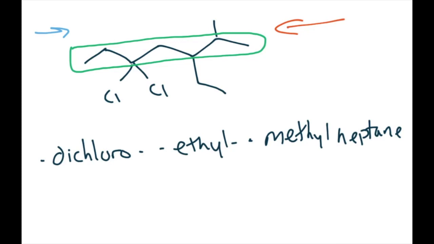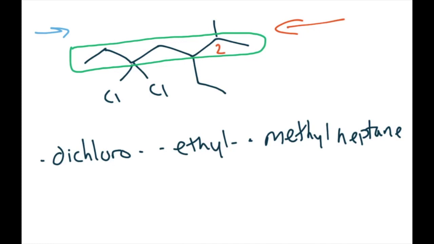Do I want to number blue or orange? Remember, the chlorines, because they're listed on the left-hand side of the parent hydrocarbon, are not special. They're just like any other substituent. So our number one goal when we number is to put the lowest possible number in our name. If I go in the orange direction, the lowest number I get is 2.